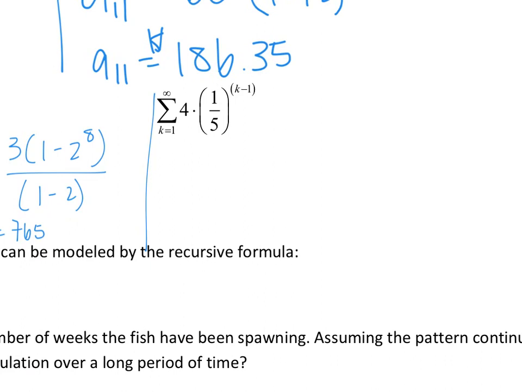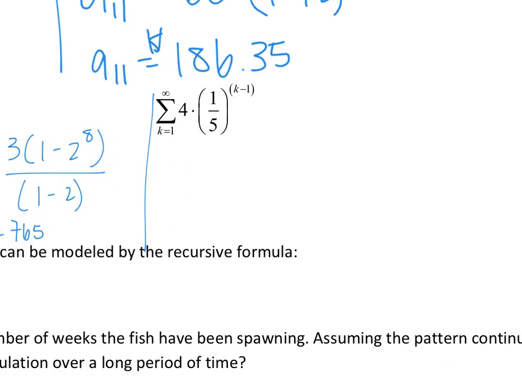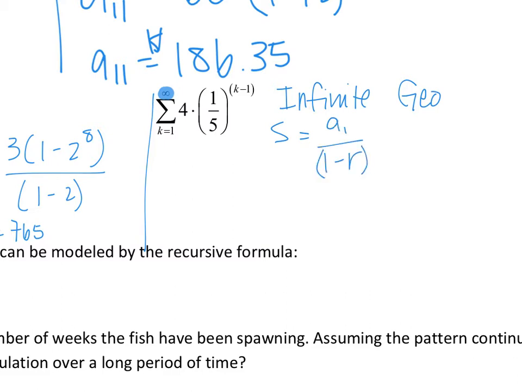The next one is a tiny bit different because it has the infinity sign. This is called an infinite geometric. And the formula is just a little bit different. It's actually a little bit easier. We just take the first term divided by 1 minus the rate. So the first term is 4.